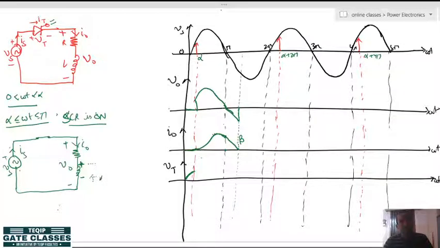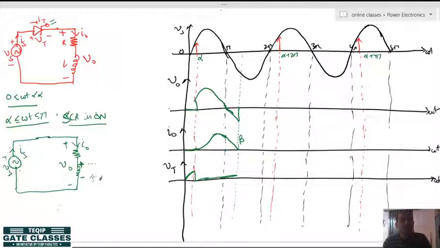Since the thyristor remains on from alpha to beta, the voltage across the thyristor will be 0.